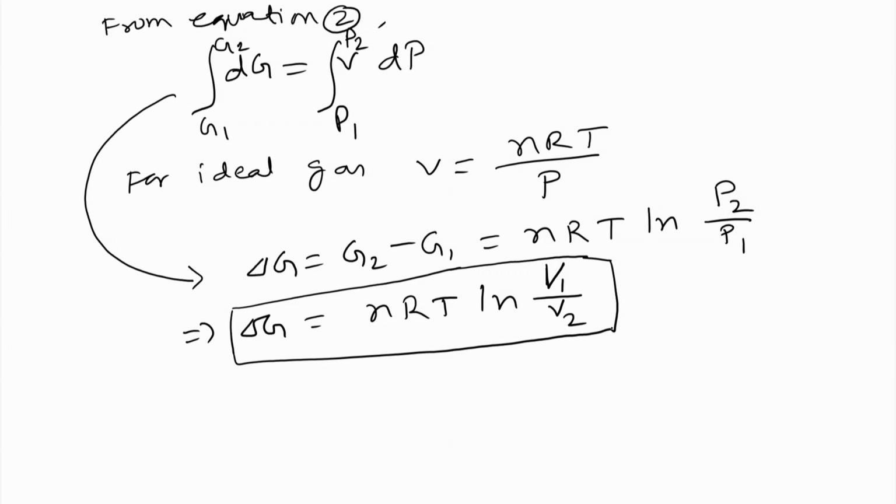So far, if we summarize what we have discussed, we have dU is del Q plus del W for a reversible process, and we can write this as TdS minus PdV.